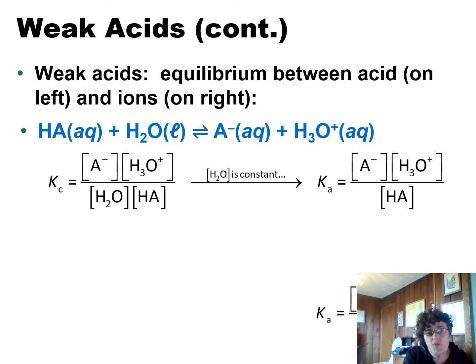If we go and write the equilibrium constant for this equilibrium, we should notice that it's a heterogeneous equilibrium because three species are aqueous, HA, A-, and H3O+, but water is liquid.